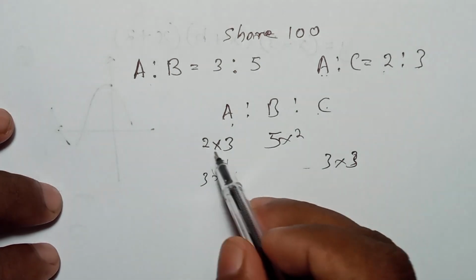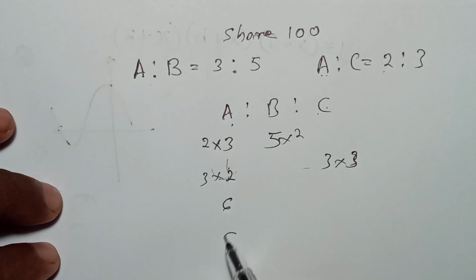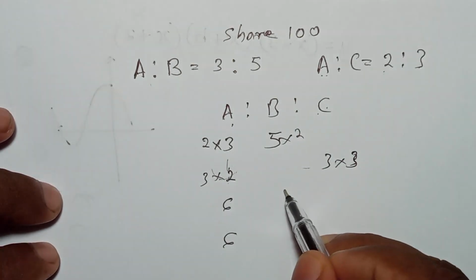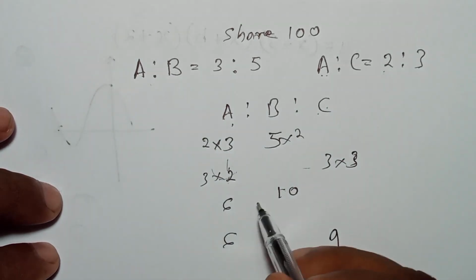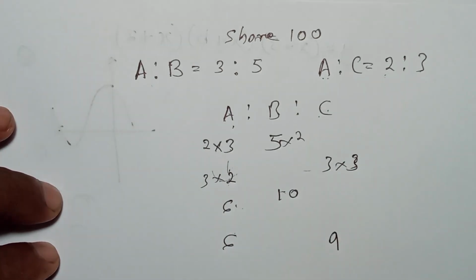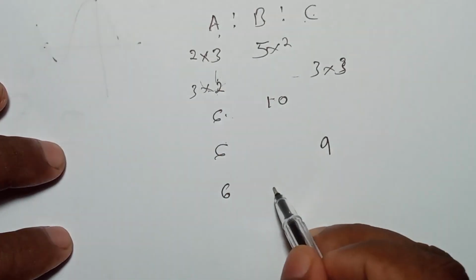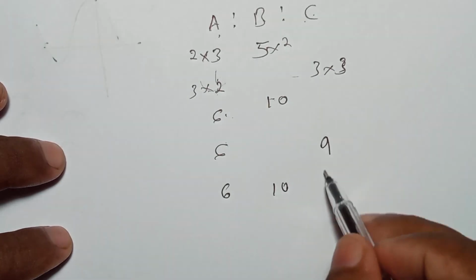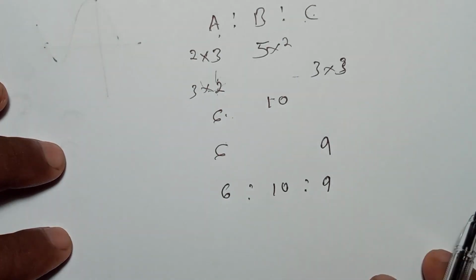That's the idea. So now let's multiply. Here will be 6, here also 6, and here will be 10, and here will be 9. Okay, now these two are the same. So we can write all three values as one: here 6, middle one 10, last one 9. Now we have all three values.